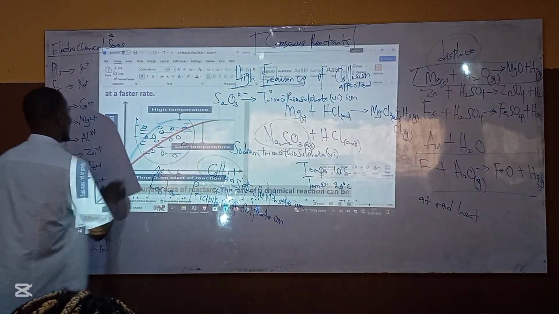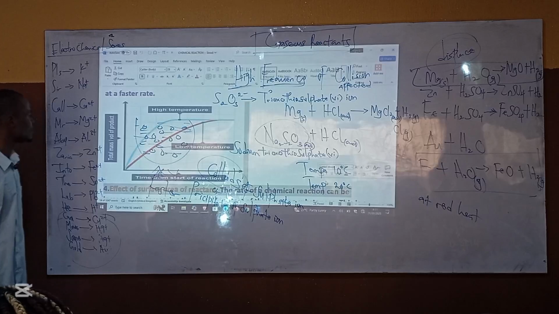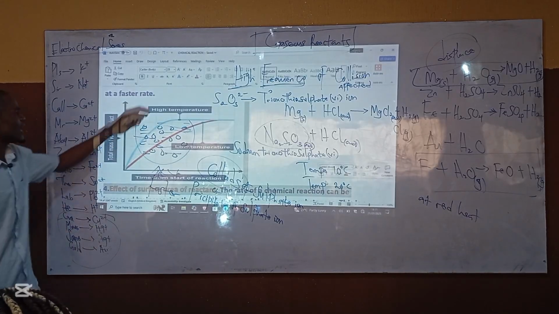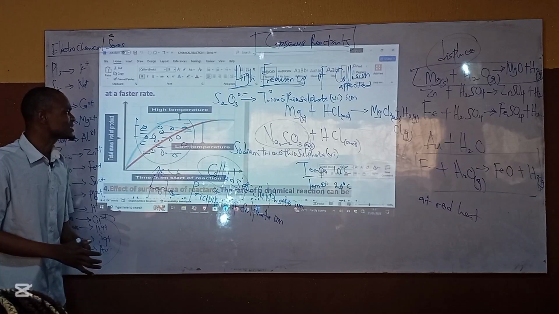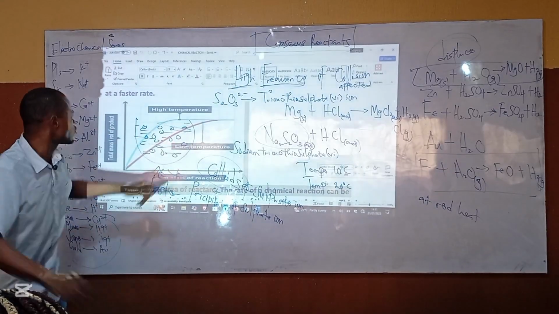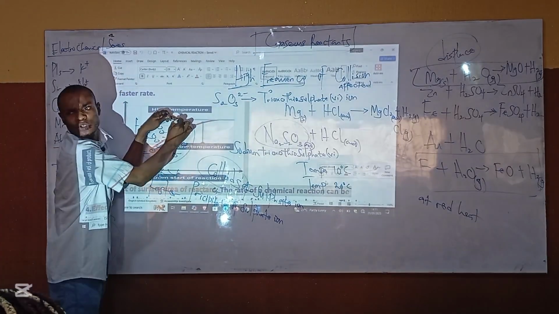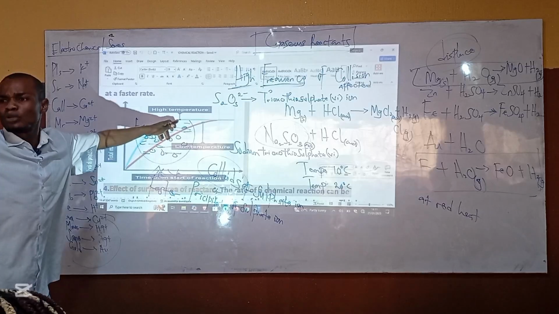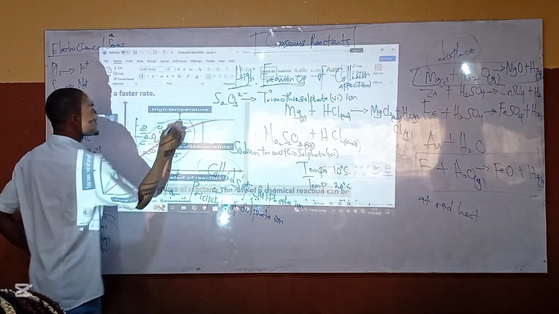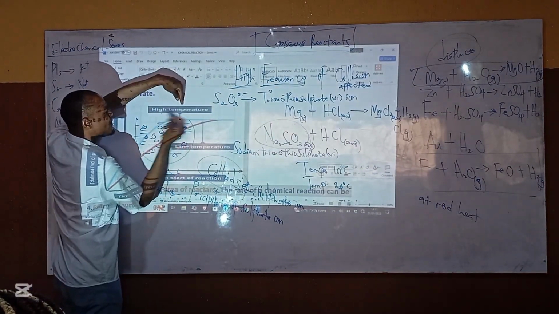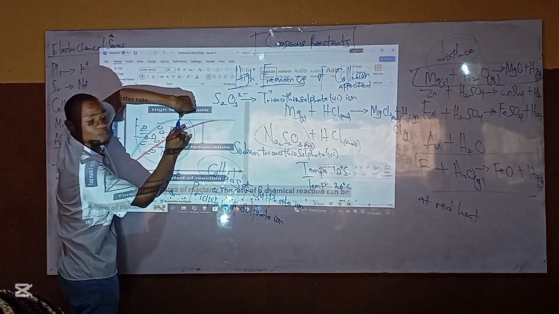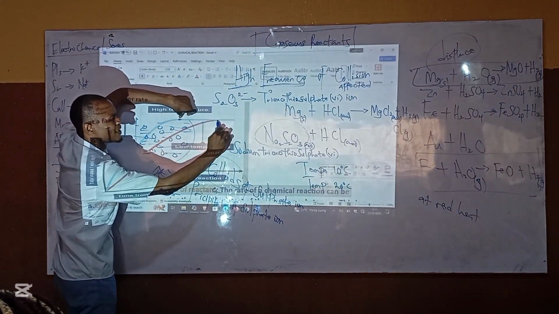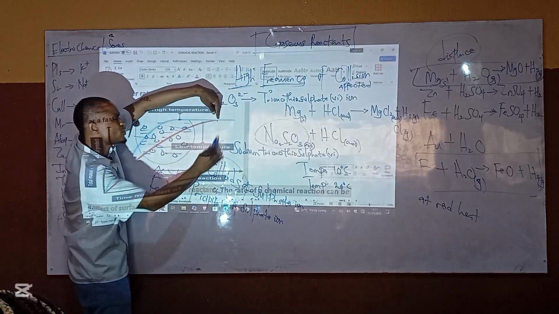What is happening to this graph here? High temperature, low temperature. Can you see that at high temperature, immediately you see a horizontal line, your reaction has come to the end, right? At the faster rate, when you have high temperature, your reaction comes to the end here because we see a horizontal line from this point. But look at where you see the horizontal line here if it is low temperature.